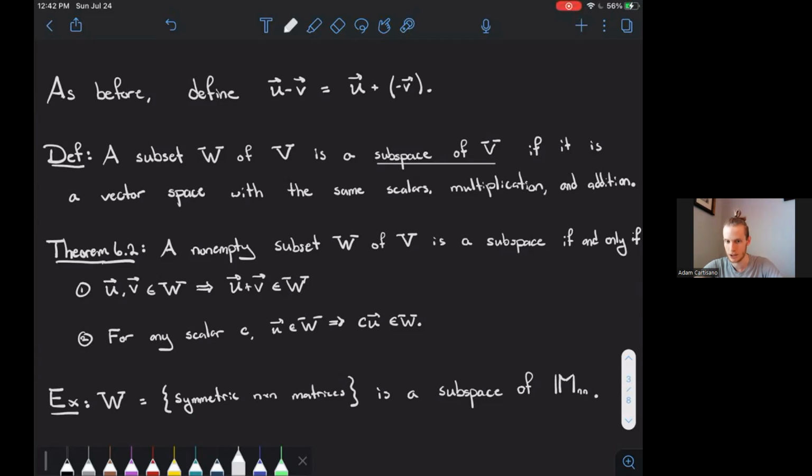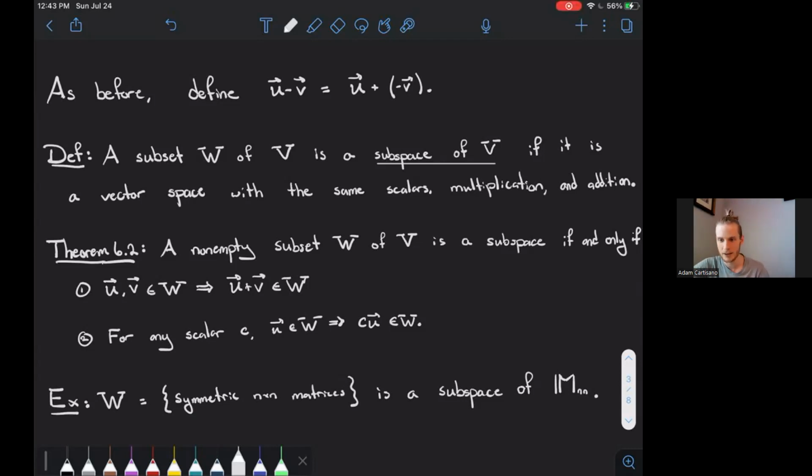So theorem 6.2 comes in on the clutch. We saw this before, I think at the beginning of chapter 3, where we basically said that as long as an arbitrary linear combination of vectors inside of your subspace remains inside of the subspace, then all of the properties of a vector space will be satisfied. Do you remember that theorem? It holds true for arbitrary vector spaces.